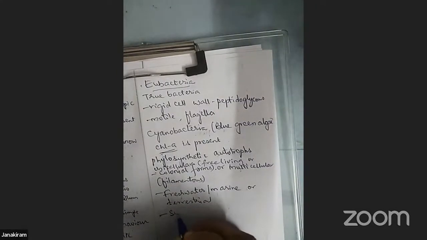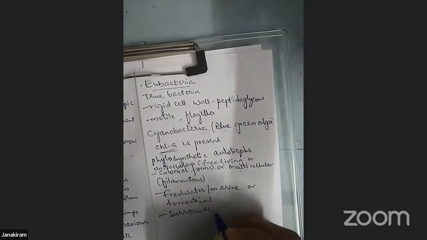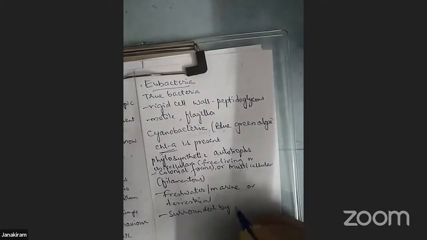When they are present in colonies, they are surrounded by a slippery sheet, that is, a gelatinous sheet.